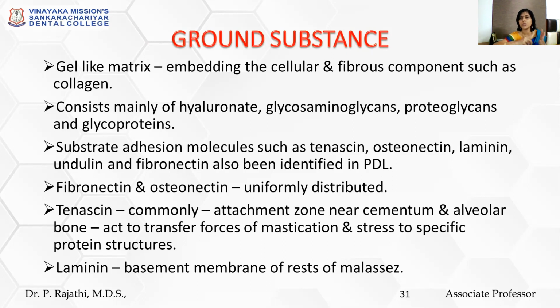Osteonectin is uniformly distributed. Tenascin is commonly found near the attachment zone of the cementum and of the alveolar bone, so this is going to transfer the forces of mastication. Laminin is present in the basement membrane region of the rest of Malassez, that is the epithelial rest of Malassez.